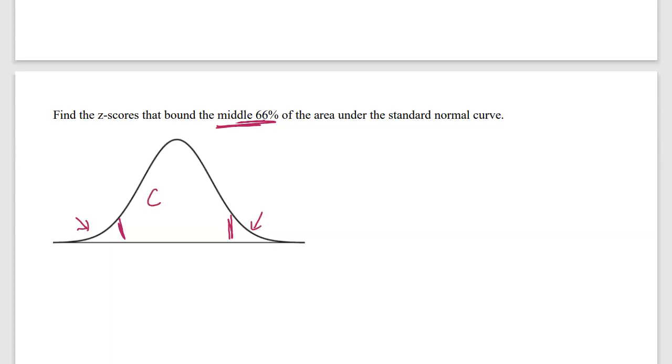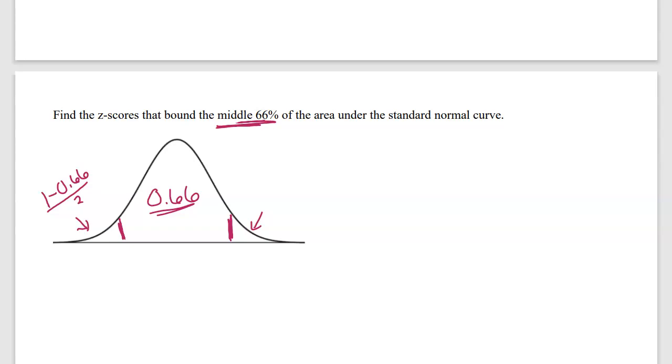So we have a 0.66 in here. Okay, so out here on the edges, this edge is going to equal this edge. Well, that's going to be 1 minus 0.66, but then we have to divide that by 2 because we have 2 sides that it has to go in.